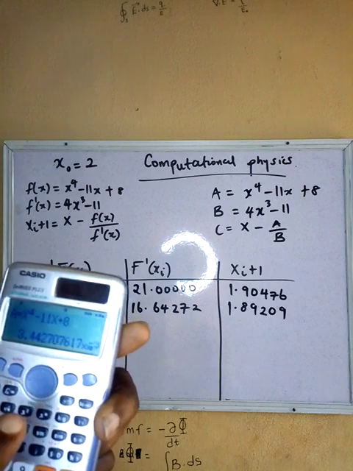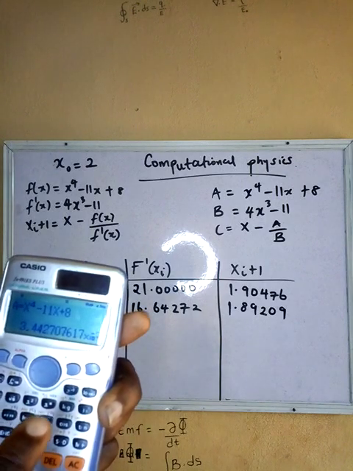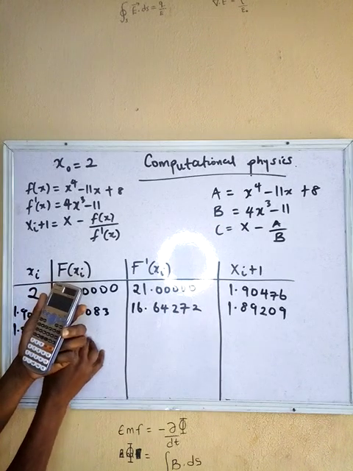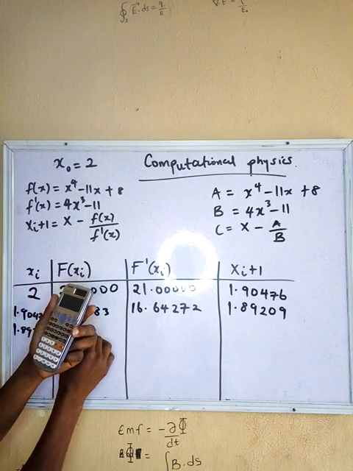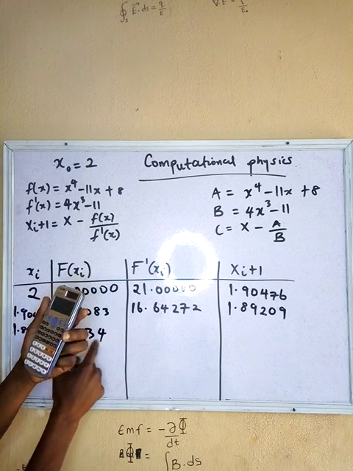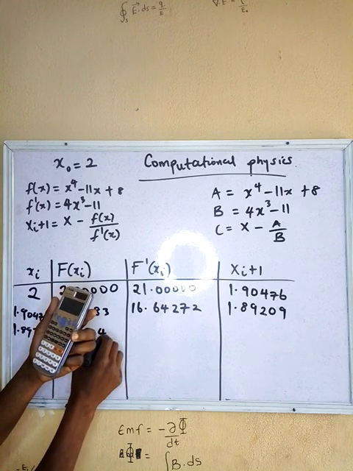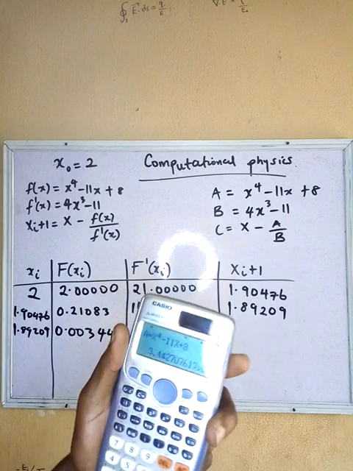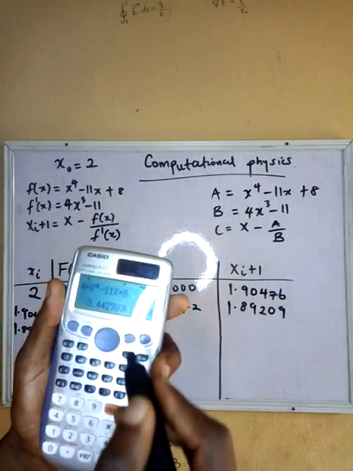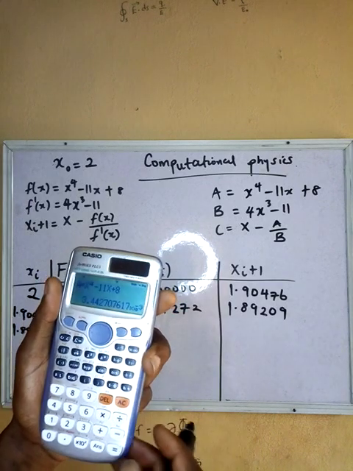If you check carefully, this becomes 3.44 times 10 raised to the power minus 3, so it's 0.00344.